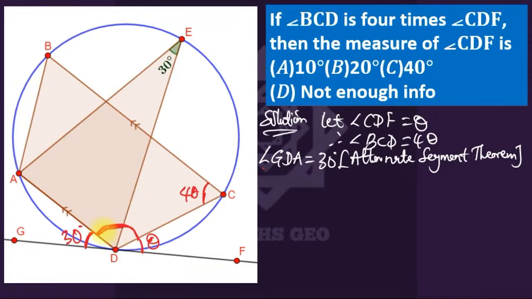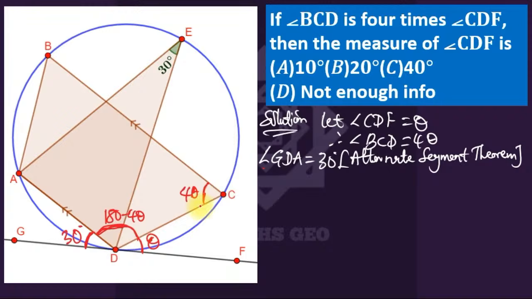And how do you get this? You see an additional information. Are you seeing these parallel lines? AD is parallel to BC, and we know from our consecutive angle theorem, if you add angle ADC and angle DCB, it will be 180 degrees. So I was saying that this should be 180 minus 4 theta, because DC acts like a transversal.